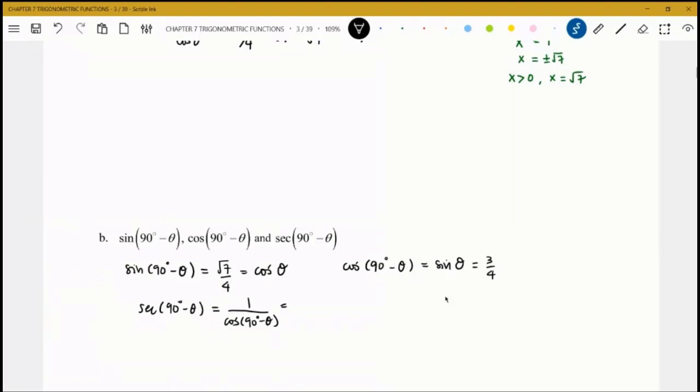So kita boleh terus pakai, dia adalah 1 over 3 over 4. So directly we have 4 over 3. Okay, so kalau kita tahu, yang ini pun sama juga dengan cosecant theta, which is directly daripada soalan. Nilai yang diberi adalah cosecant theta sama dengan 4 over 3, so boleh pakai terus 4 over 3. Okay, so that's how we do example 1.